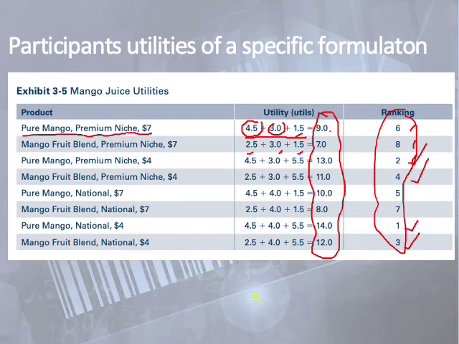I hope that you understand now the whole process of the conjoint analysis. Actually, we are nearing the end. So the most preferred is the pure mango at national brand offered at $4.